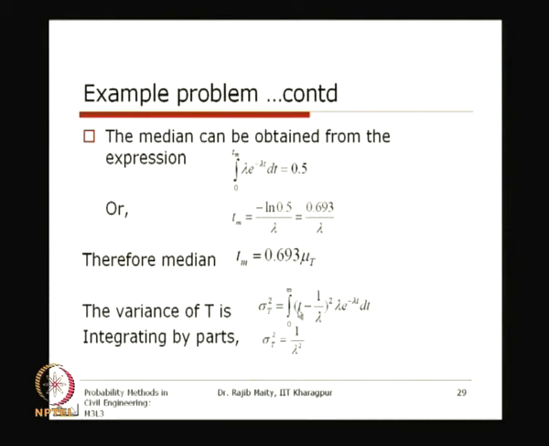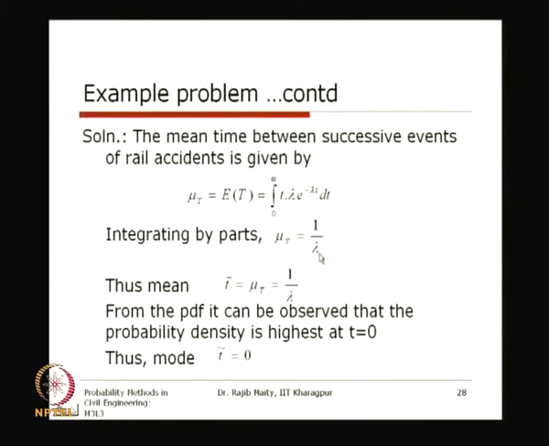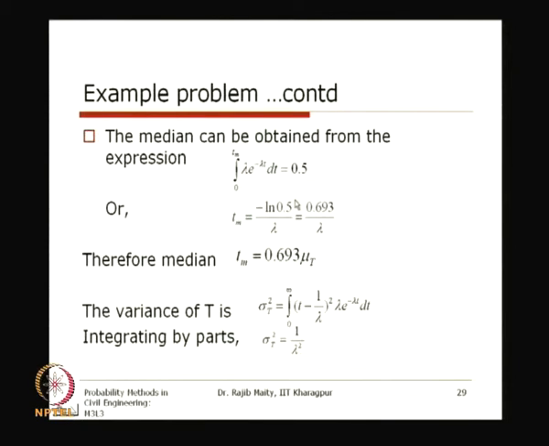So, if we take t minus 1 by lambda squared, multiplied by the probability density dt, and do this integration by parts, we see that sigma t squared, which is the variance, is equal to 1 by lambda squared. So, we have seen that the mean is 1 by lambda for this exponential distribution, and the variance is 1 by lambda squared.